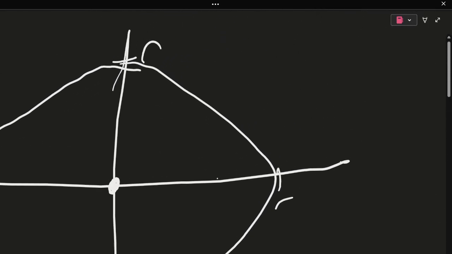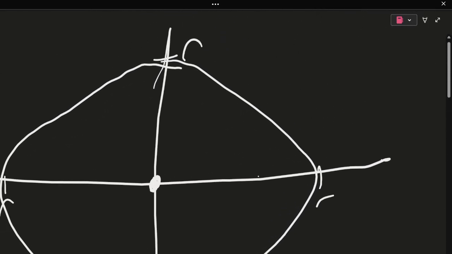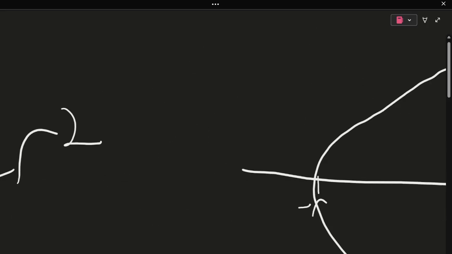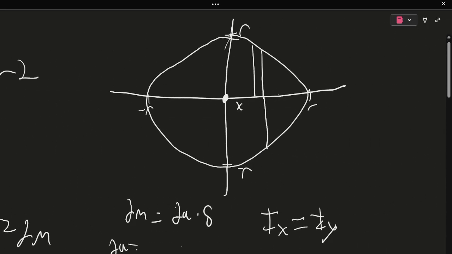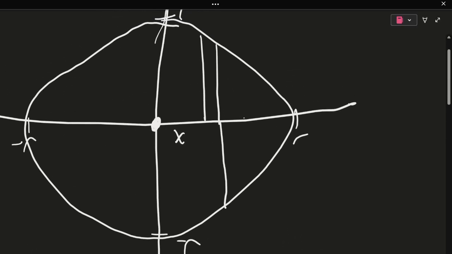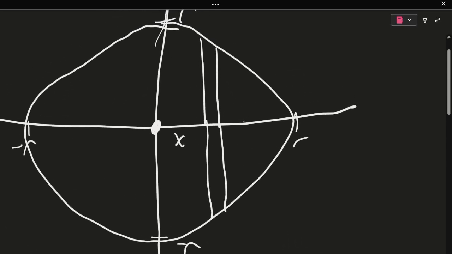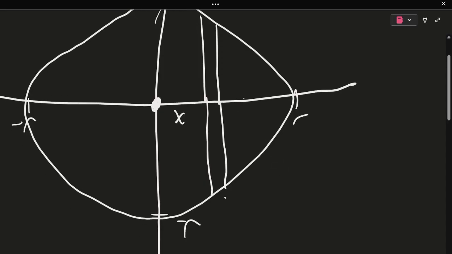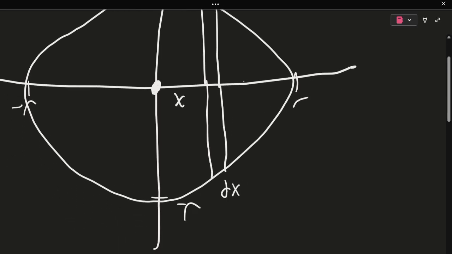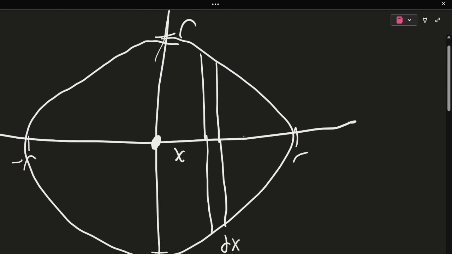Well, let's go ahead and make an example slice. So we have a distance of x, and then we have a little infinitely small piece of our region, and it has a width of dx, of course. But we need to figure out what the height of this region is.